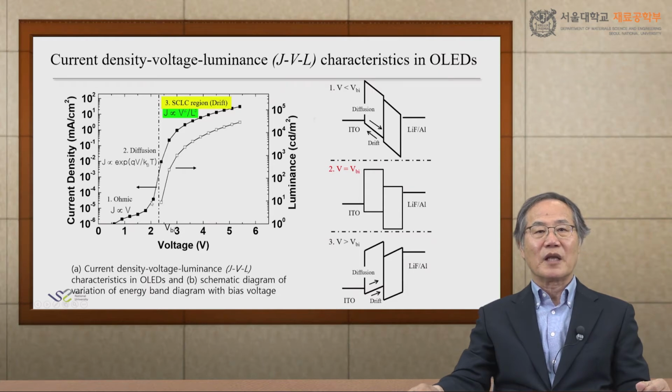But mainly diffusion current influences this, and this is the ohmic current region. And then the diffusion current region is near this built-in potential range. After that, if you have this forward bias, you may get the space charge limited current region here. So generally, you expect this kind of JVL characteristic.